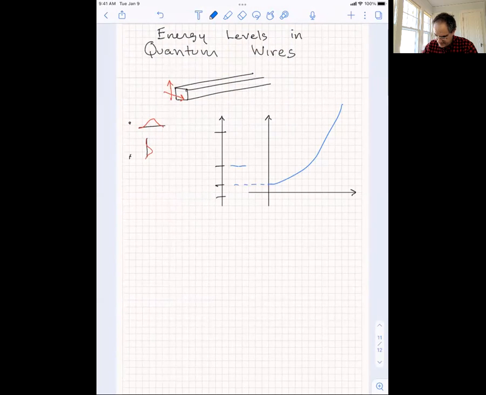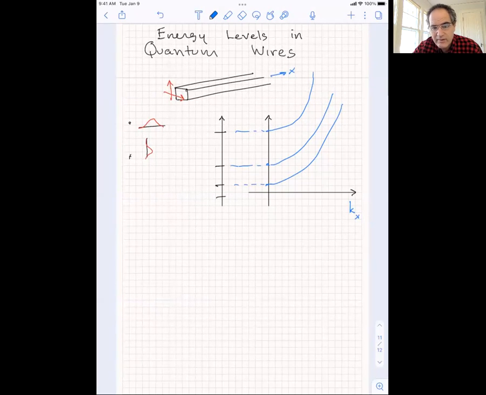So once again, we get subbands, much like we saw for quantum wells. If the direction along which the particle is free is the x direction, then kx can vary. And so we have different confined subbands with a variable amount of kinetic energy in the x direction.